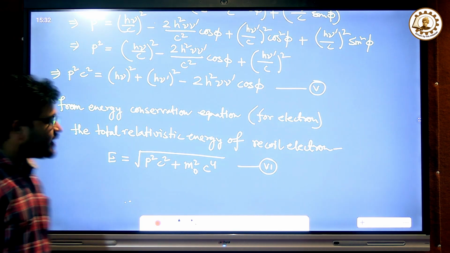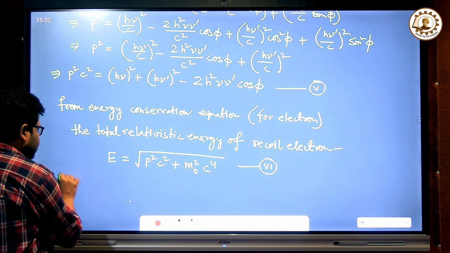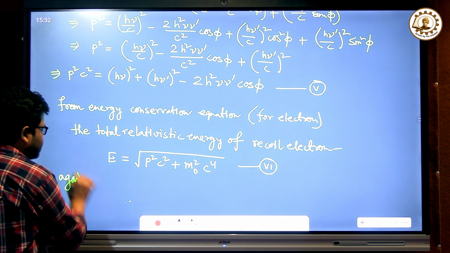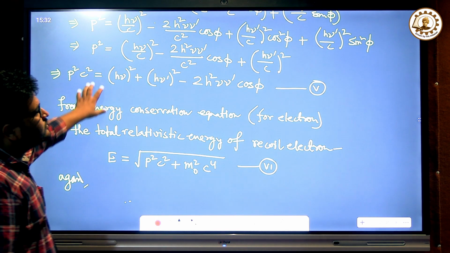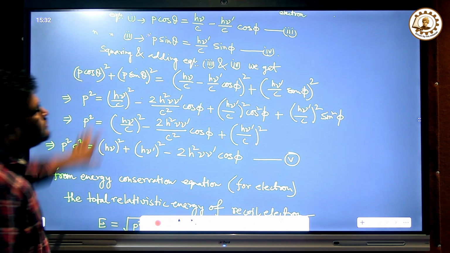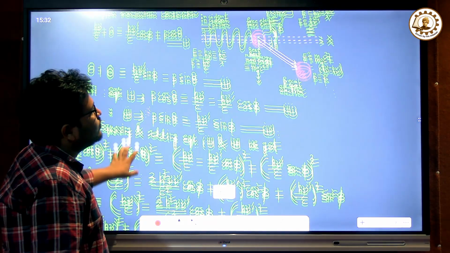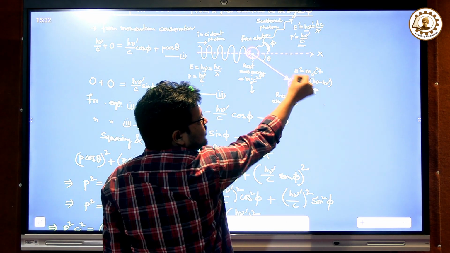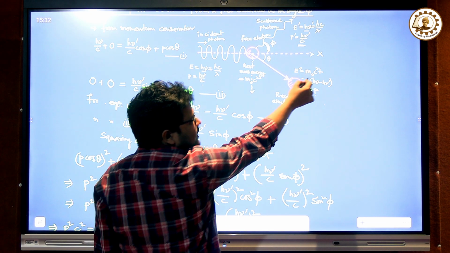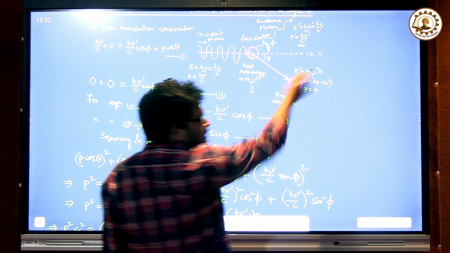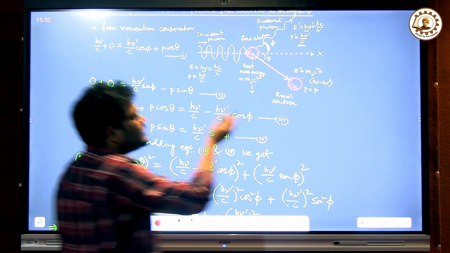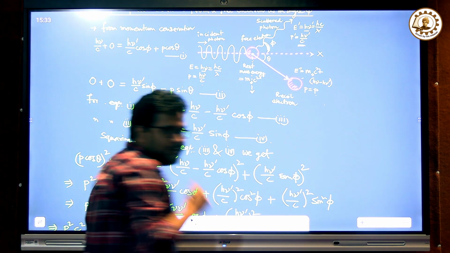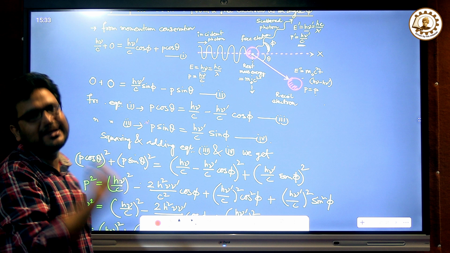Again, from the diagram, what do we get? If I scroll down the screen, we get the total energy of the recoiled electron, that is E double prime. As you can see, it is the sum of the rest mass energy of the electron plus the amount of energy gained by the electron from the photon via elastic collision.